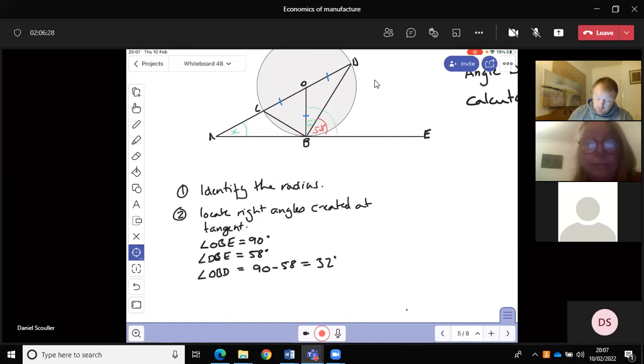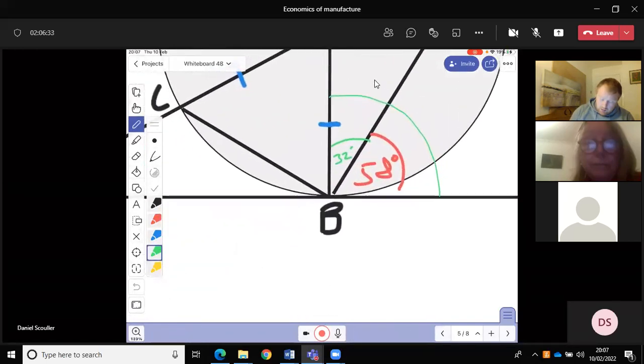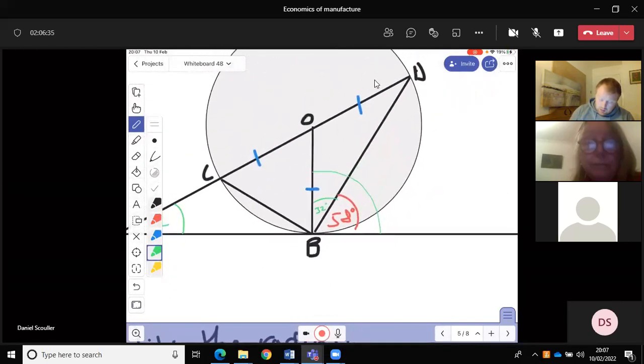Okay, does that make sense? So in here, angle C, let's make it red, CBD, that angle there, I've just drawn on, it's 90 degrees. Maybe a different colour. It's going to be 90 degrees.